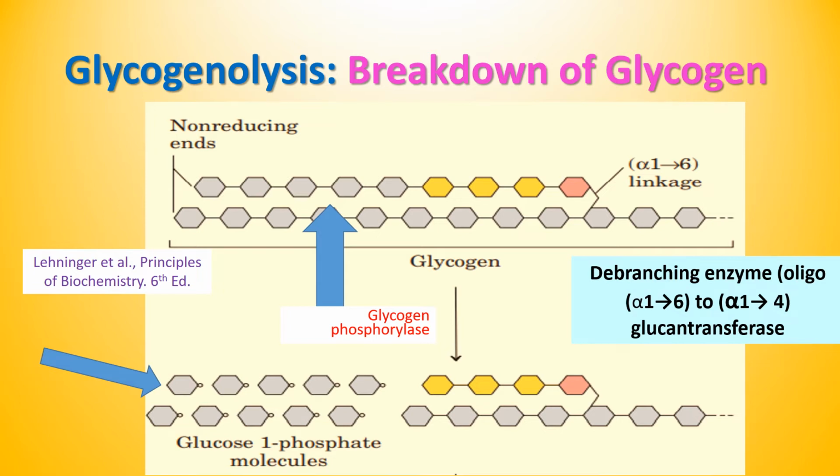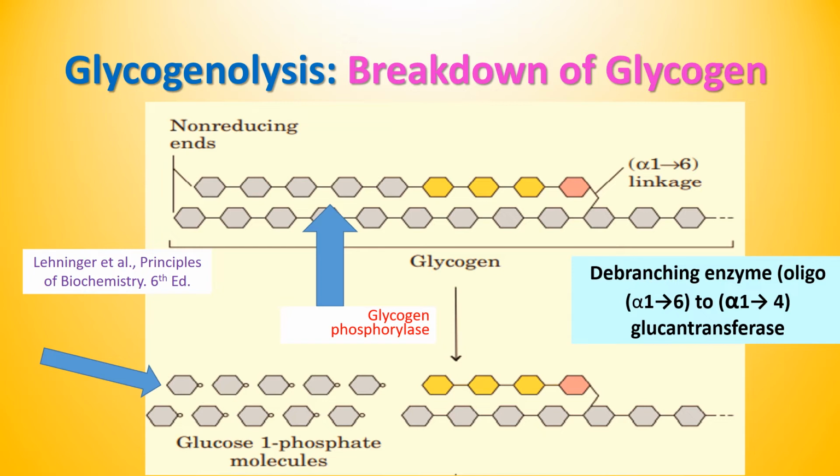To continue the degradation process, further degradation by glycogen phosphorylase can occur only after the debranching enzyme, known as oligo alpha 1,6 to alpha 1,4 glucan transferase. It catalyzes two successive reactions that transfer branches.